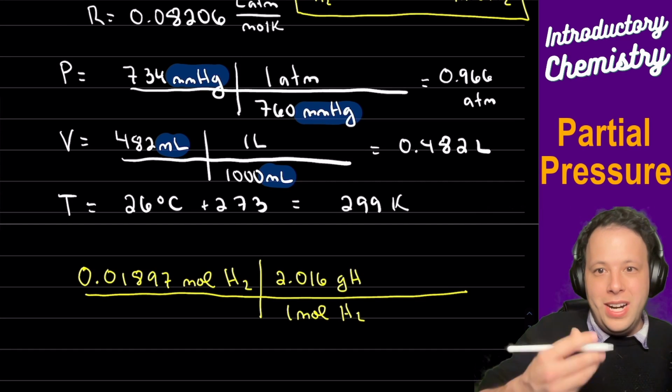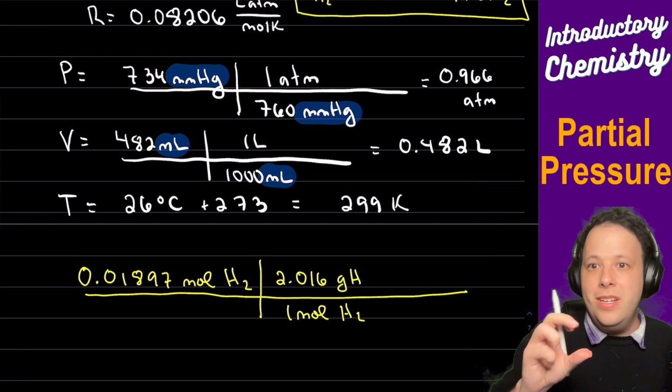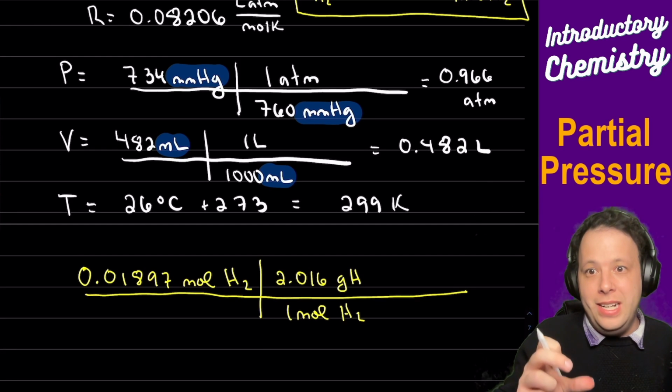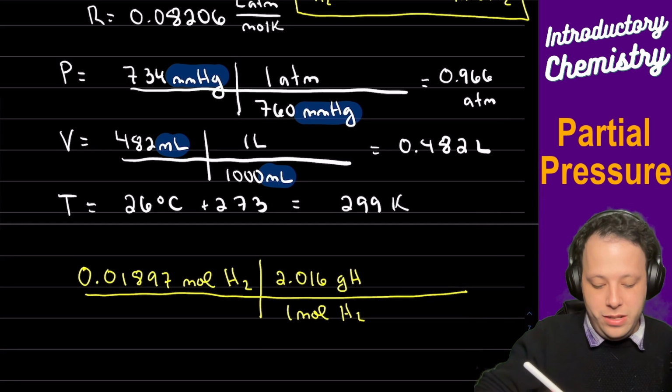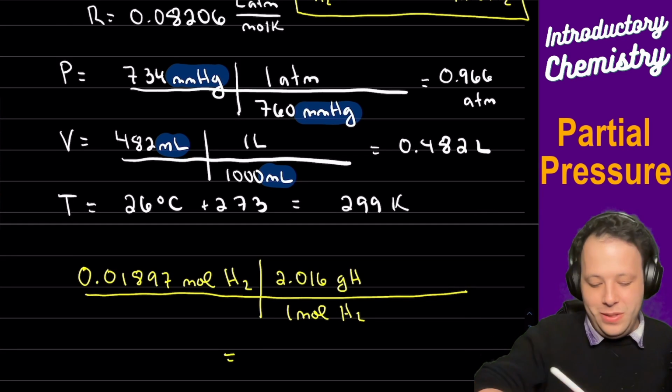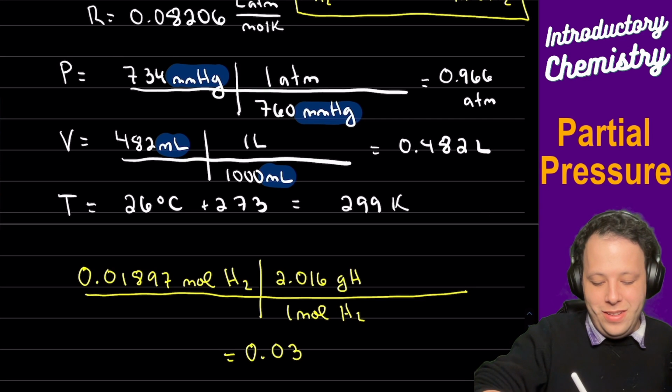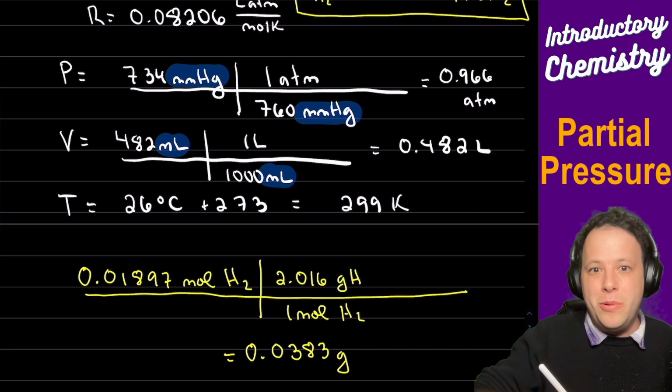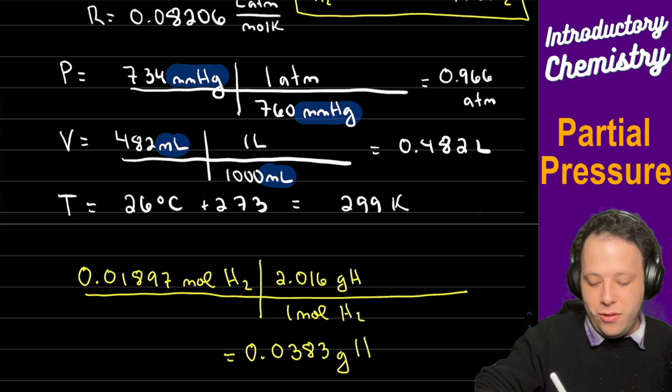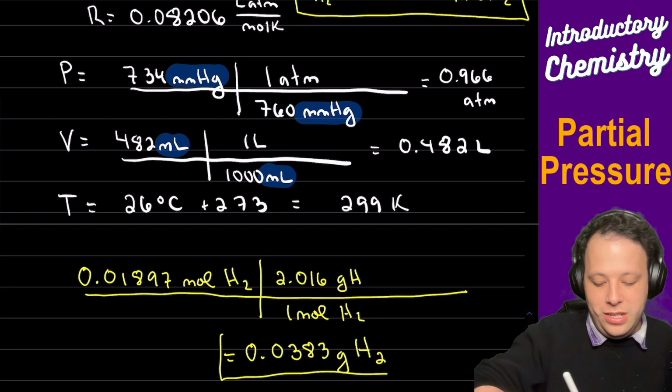When you take 2 hydrogen atoms from your periodic table, multiply 1.008 times 2, that'll give you 2.016 grams of hydrogen. And what that's going to tell you is that in your tube from your experiment, you got 0.0383 grams of hydrogen collected.